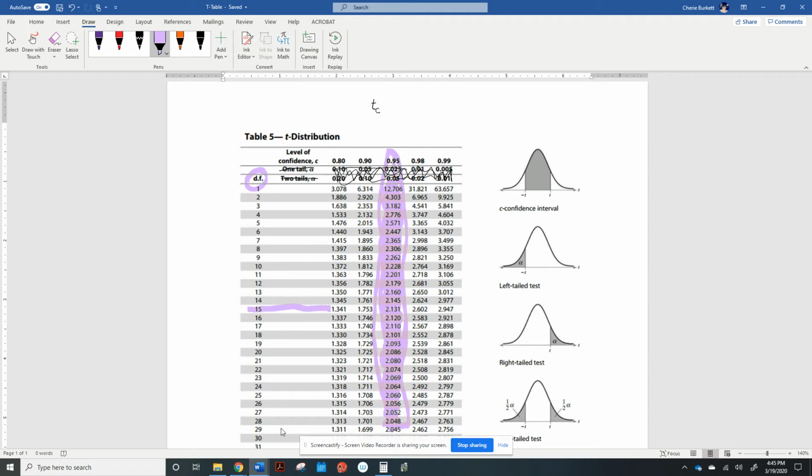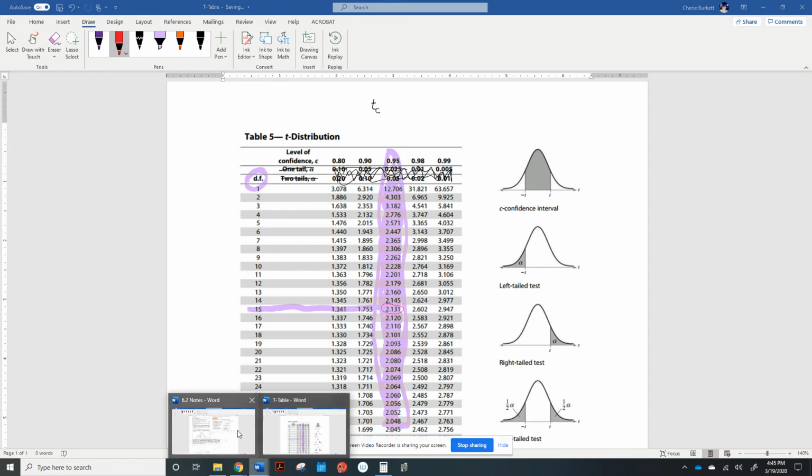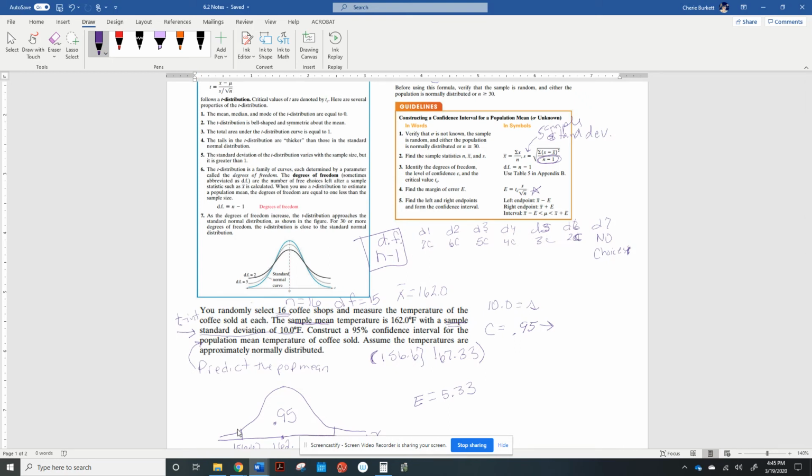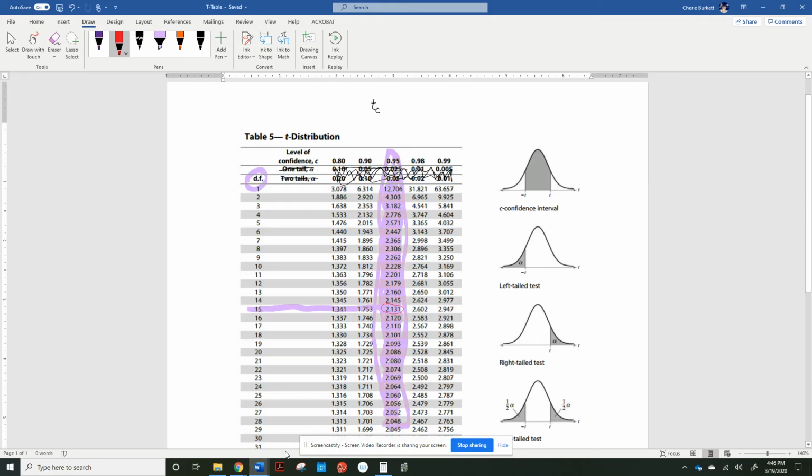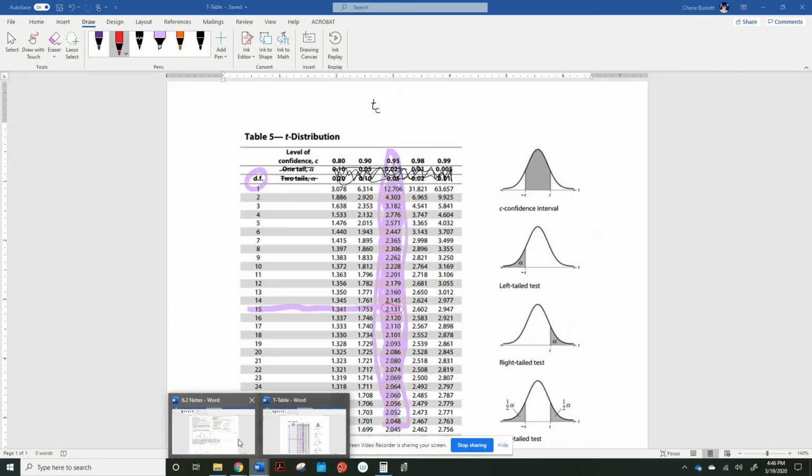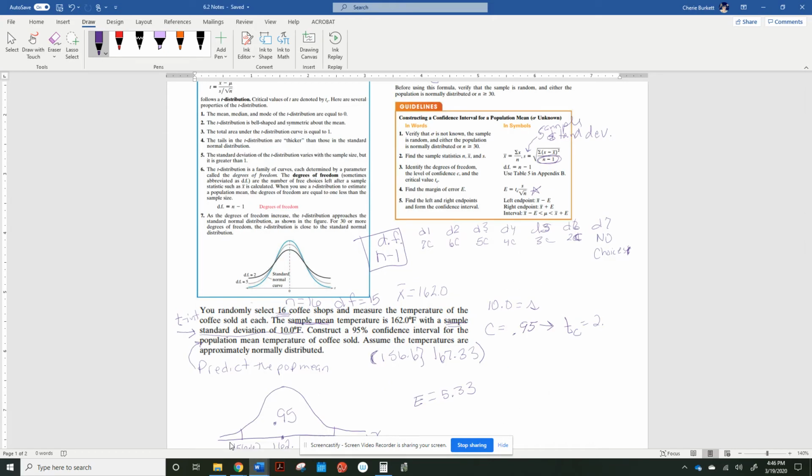That's 15. So this right here is the critical value that we're going to use. So 2.131. So back over here, our critical value is 2.131.